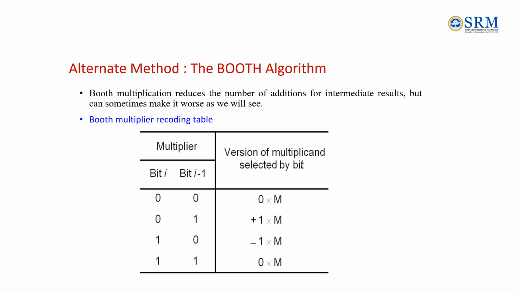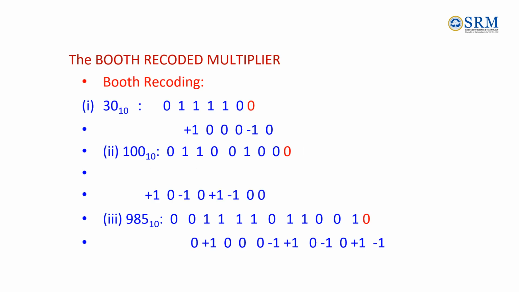So the alternate method is Booth multiplier recoding. Booth multiplication reduces the number of additions in the intermediate result, but sometimes makes it worse, as we will see. So to overcome this, we use the Booth multiplier recoding table. How do I recode?